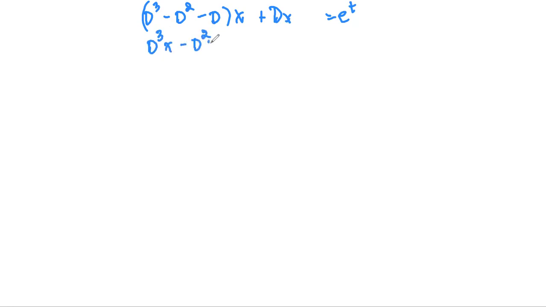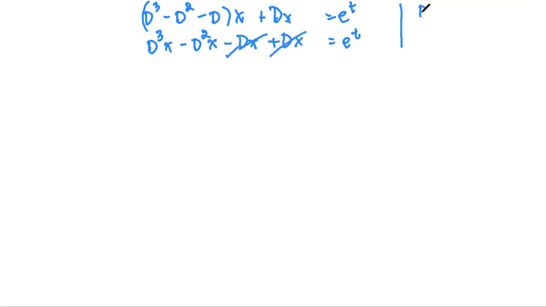So rewrite it as D to the third minus D squared minus D of x plus Dx equals e to the power t. And expand them out to be D to the third of x minus D to the second of x minus Dx plus Dx equals e to the power t. Minus Dx and plus Dx cancel.